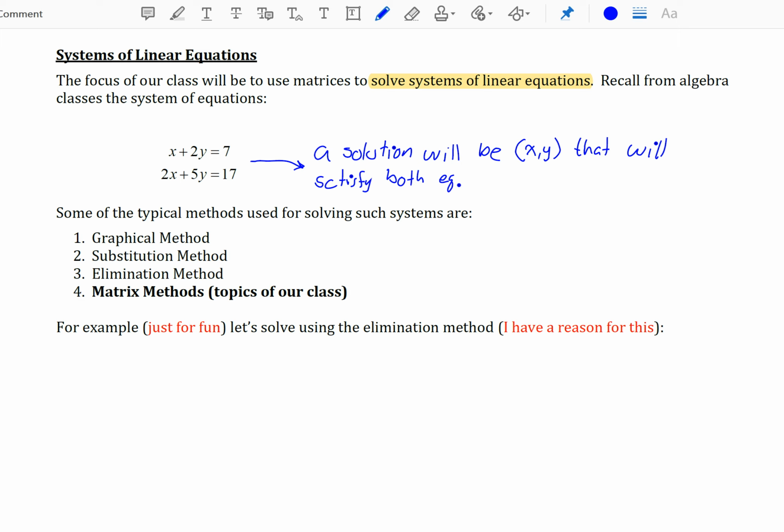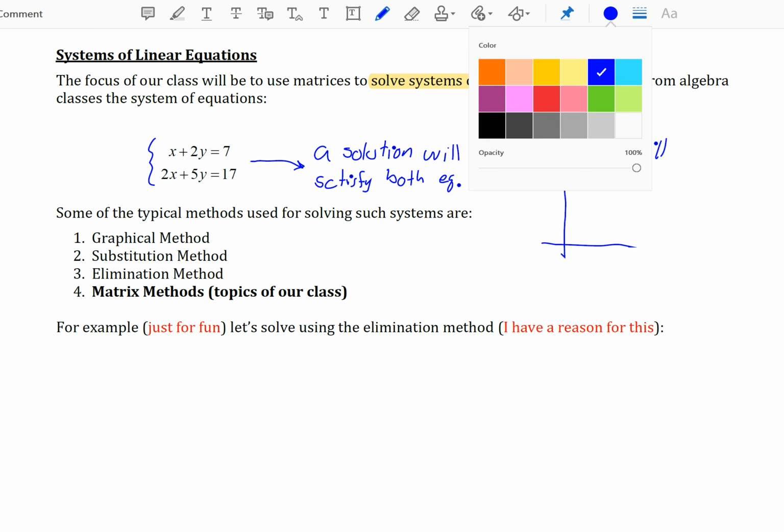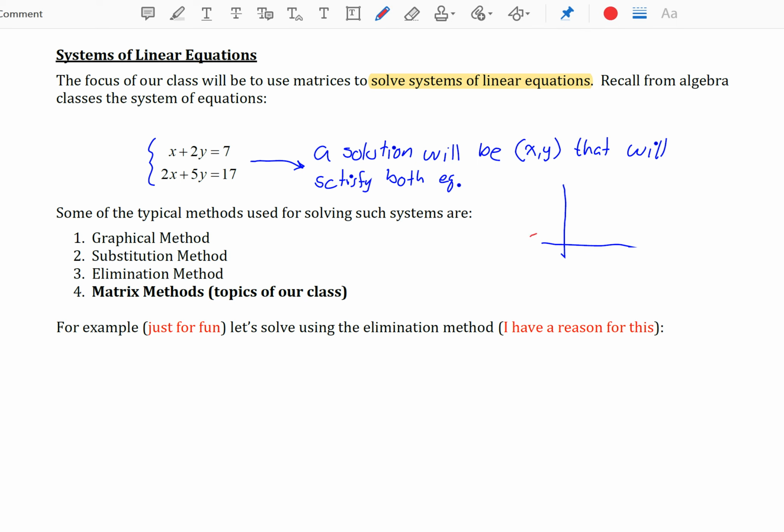Now, in Math 1010 and 1050, we looked at several methods for solving such systems. The graphical method. Here you probably remember the graphical method in general, not necessarily for these 2 equations I'd give you, but in general, the graphical method says graph your first linear equation, graph your second linear equation.